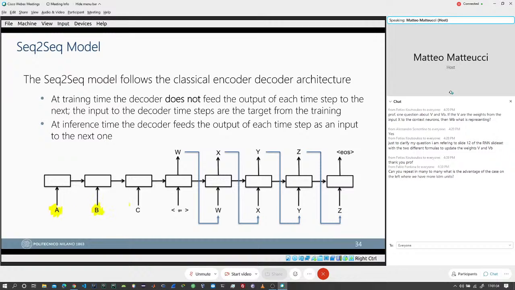Then you have in your internal state the representation, the meaning of the sequence ABC. You use a special character, which is go or start of sequence, and you predict the first character. Once you have predicted the first character, you input to the network the very same character, and you predict the second, and so on, and so on.